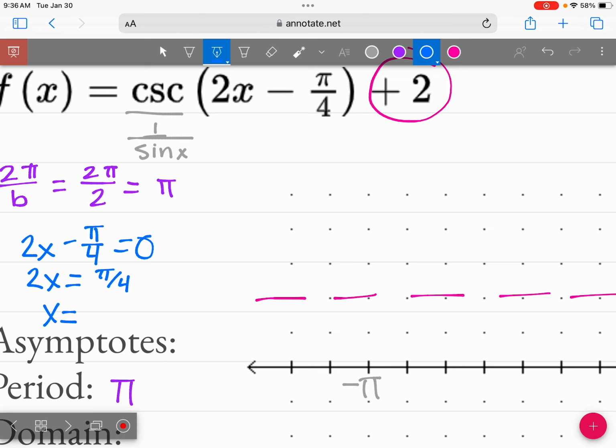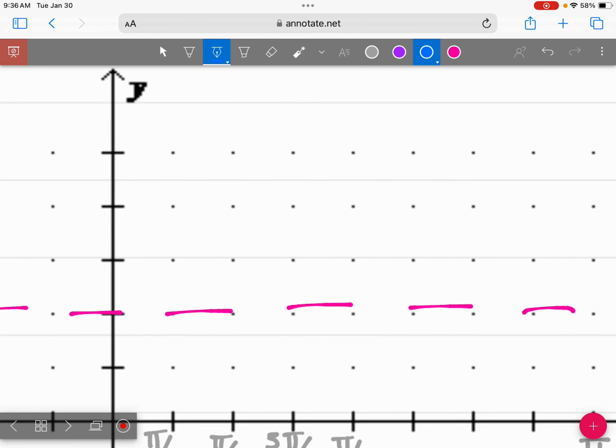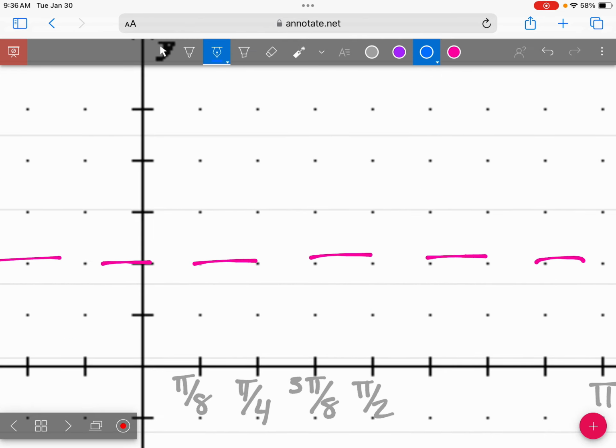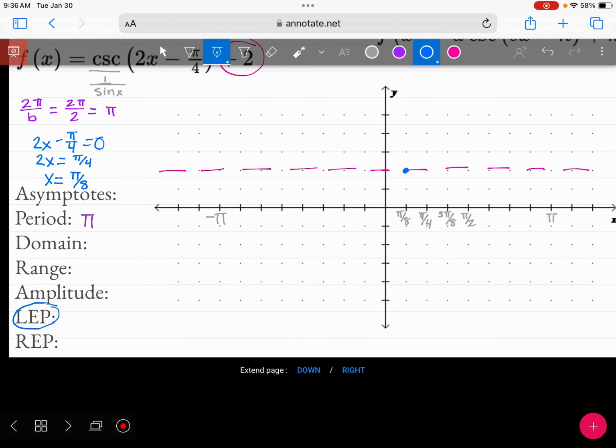I've heard the same mistake from 2 or 3 people. 1/4 divided in half is 1/8, pi over 8. So our left endpoint happens at pi over 8, which if you expanded out your graph like I did, happens right there. And it's on our midline. So we have to have that shift. So our left endpoint is at pi over 8.